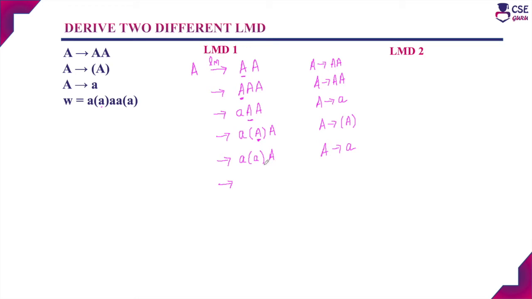This open bracket and closed bracket are terminal symbols. If we are checking our input, we need to get again three A's. So we need at least three A's here. So we will choose the leftmost non-terminal and apply the production rule A derives AA.